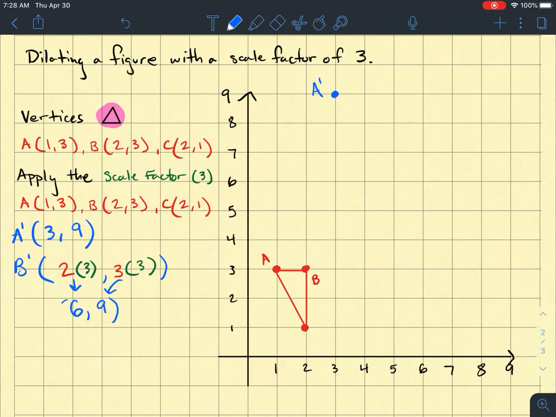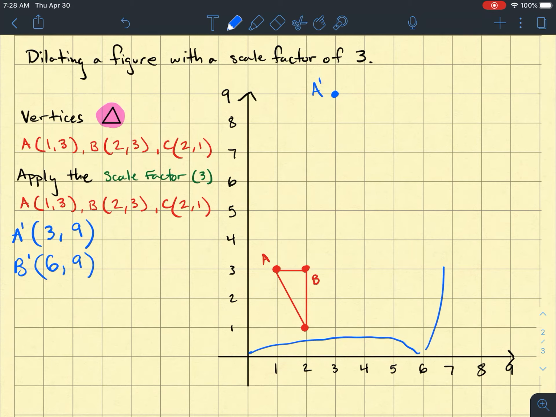What is 3 times 3? 9. So the new location of our B is at 6, 9. So this is our B prime.